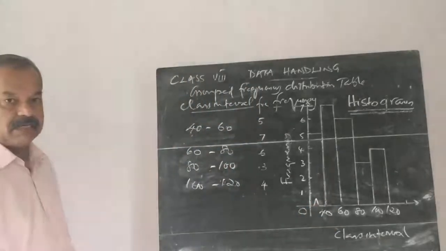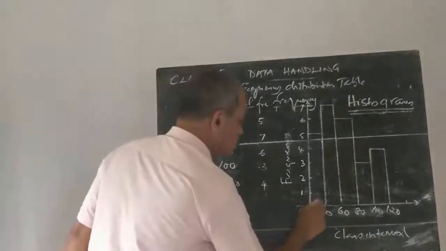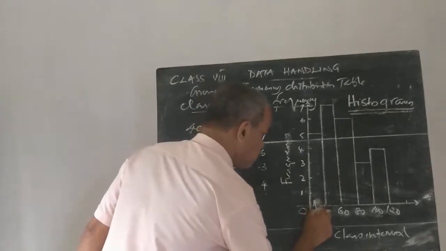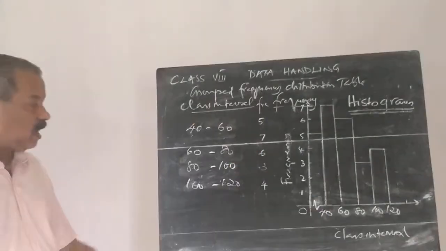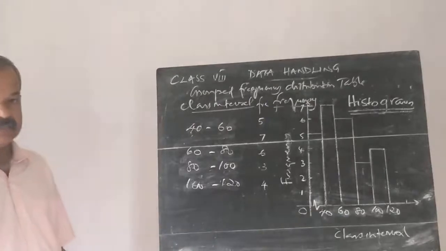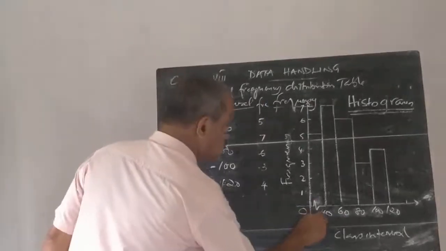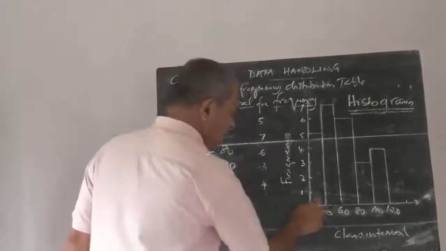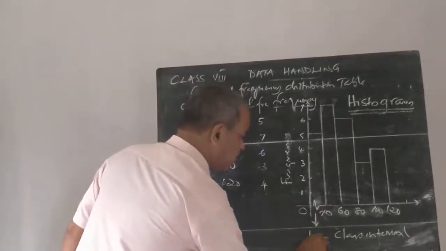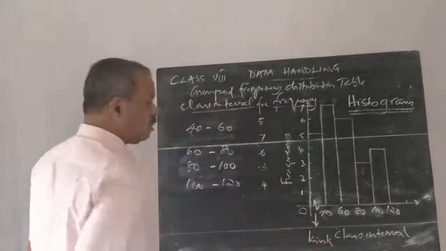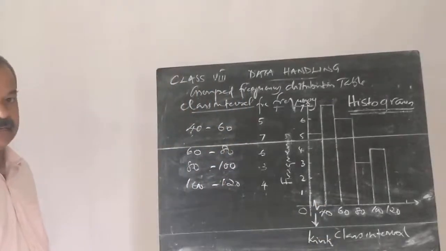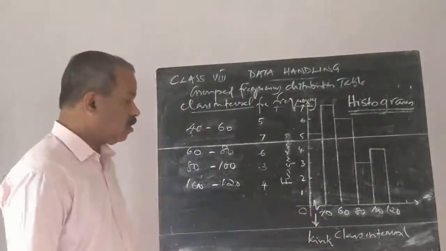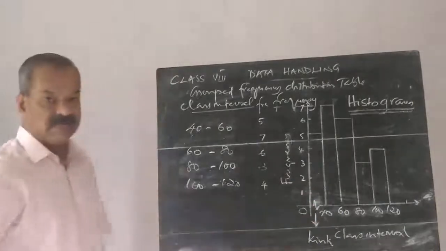Either this way or a broken line can be drawn like this. This mark is called the kink, or jagged line. Put a kink or jagged line or broken line, whatever it is.